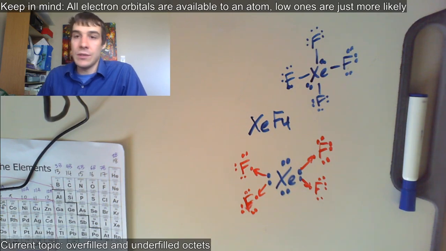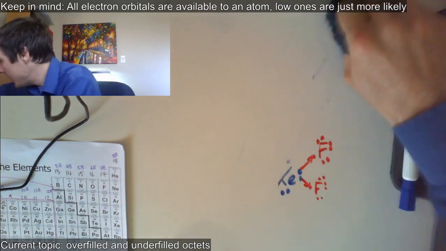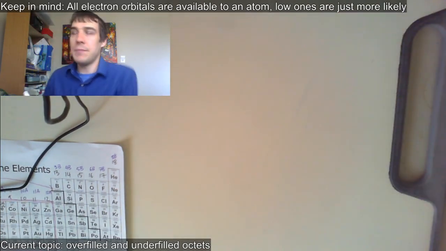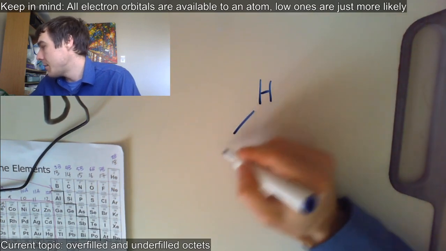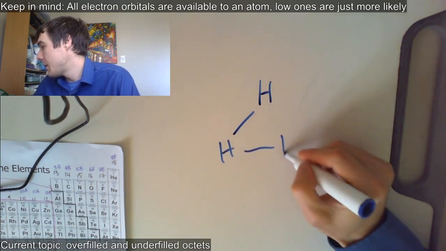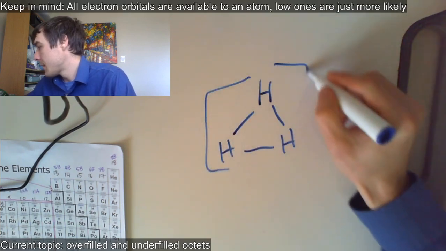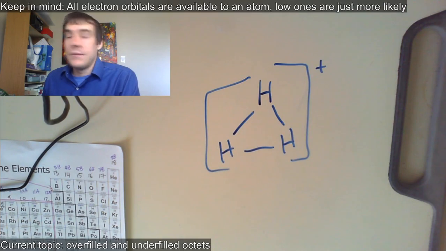You can have structures that absolutely break the octet rule in all kinds of weird ways. One more that I will show you, but please don't take this one to heart because I'm not going to ask you to draw any of it, is this guy. And this guy is profoundly weird. Trihydrogen ion.